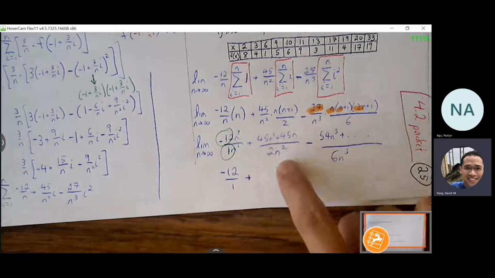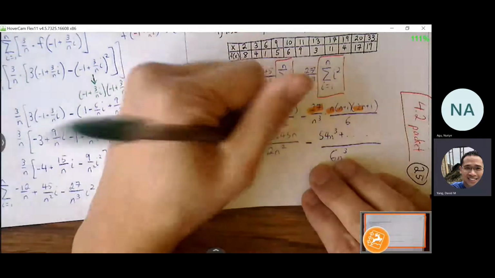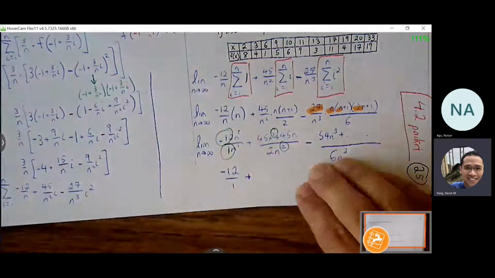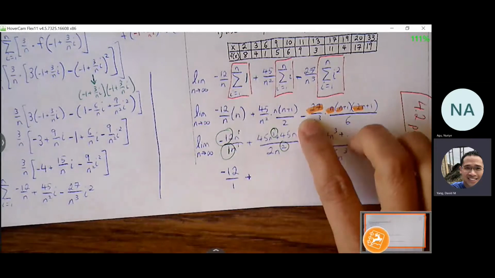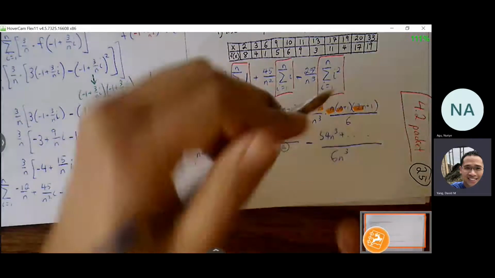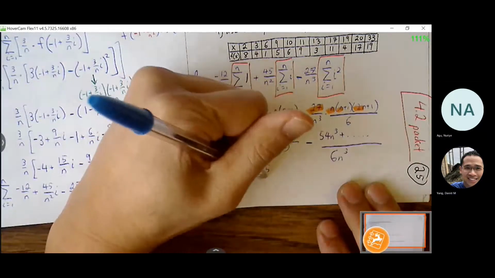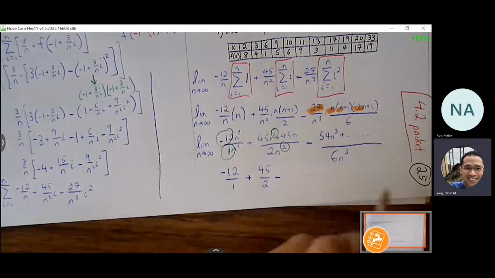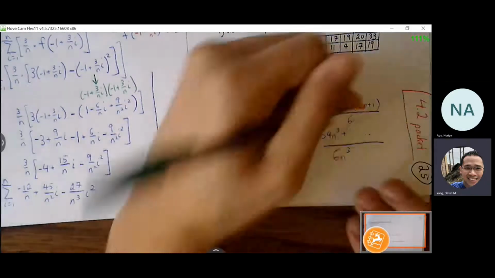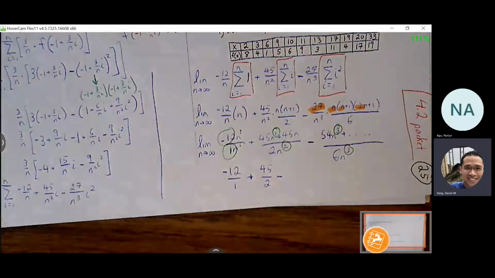Second, limit as n approaches infinity. The highest degree is 2, so that will just produce 45 over 2. Lower degree doesn't matter. Okay, bunch of terms after n to the third, but we already targeted and found the highest degree.